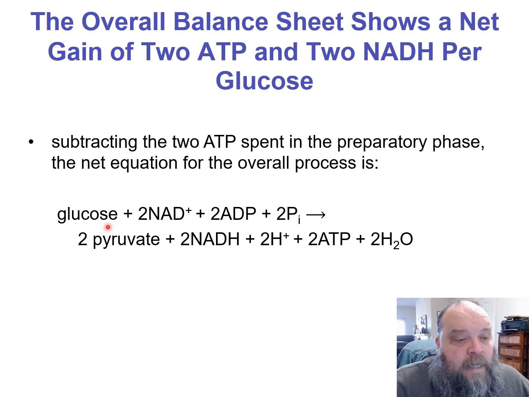So overall, what we're looking at here for all of glycolysis: glucose plus 2 NAD+ plus 2 ADPs plus 2 inorganic phosphates yields 2 pyruvates, 2 NADHs, 2 free hydrogens, 2 ATPs, and 2 waters.